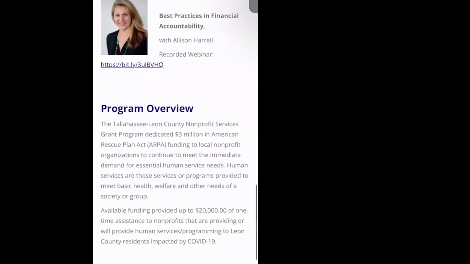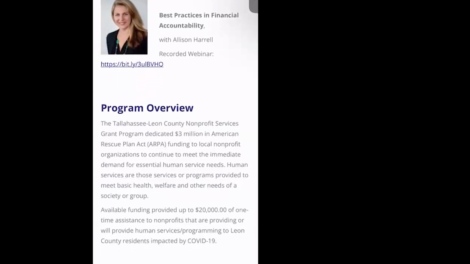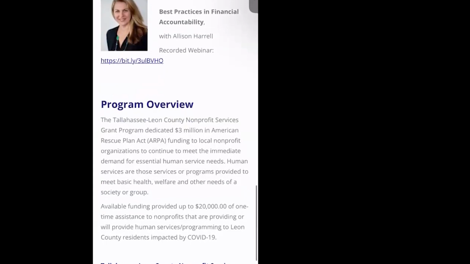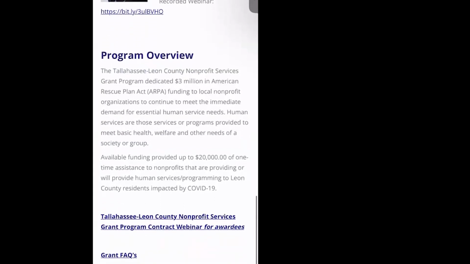So here, they dedicate $3 million in ARPA funding to, oh no, they already did.